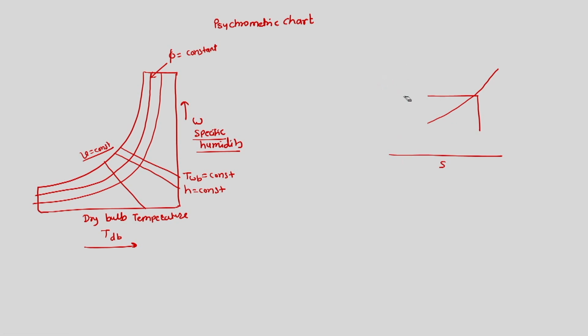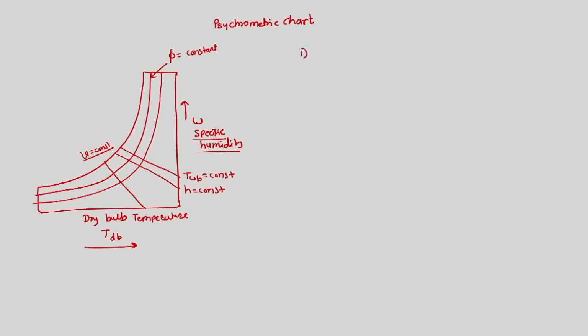As we show these on a TS diagram, similarly we can show different processes on the psychrometric chart. Let us talk about some processes. The first process is simple heating or cooling.